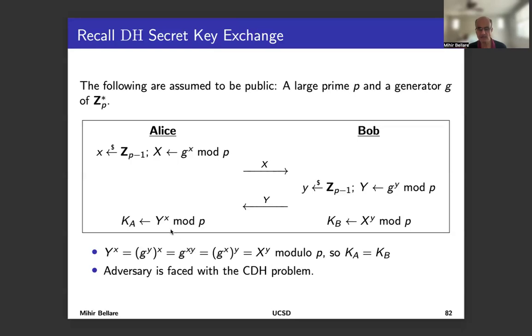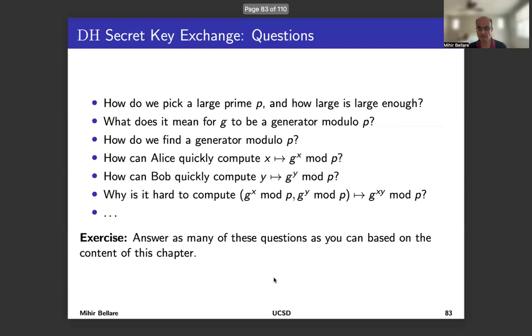And the trick is that while Alice and Bob can compute it through these formulas, because each of them has one exponent, the adversary who has neither is faced with what we call that problem, and it will have a hard time. So it's worth checking and going over that. In other words, going over the different steps of the Diffie-Hellman key exchange and seeing if you can actually answer the questions above based on your understanding.